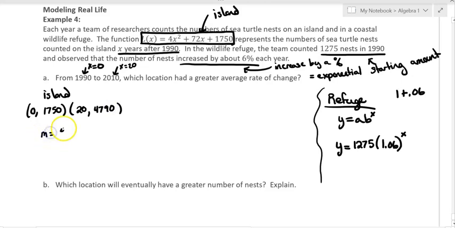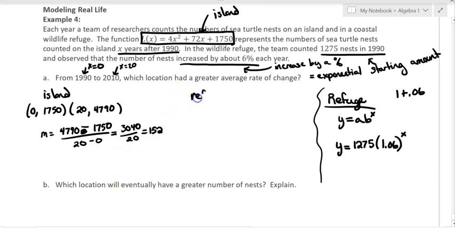So now if I find the slope to that, y2 minus y1 over x2 minus x1, I end up with 152. All right, and so that is essentially from 1990 to 2010, the island had an increase of 152 nests every year on average.